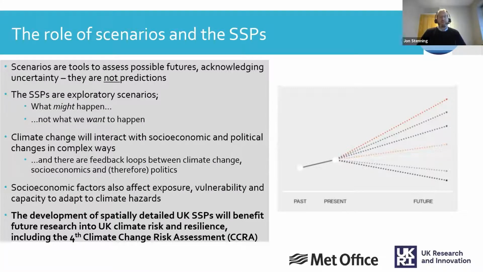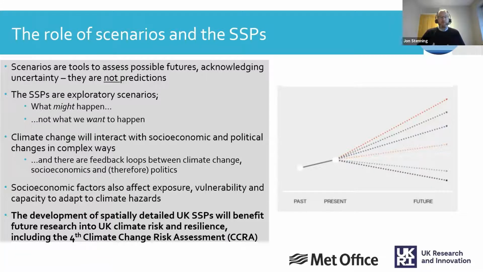But the socioeconomic factors that we explore in the SSPs also have a large influence on climate risks. Not just on the underlying level of emissions, which is certainly the case when you look at this at the global level, but also how many people there are living in the country, where they live in the country, their wealth, and therefore their ability to adapt, for example, to climate change.